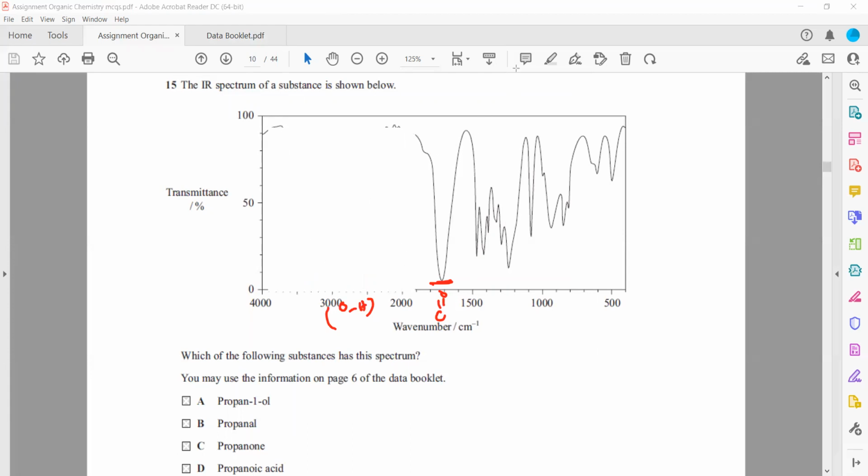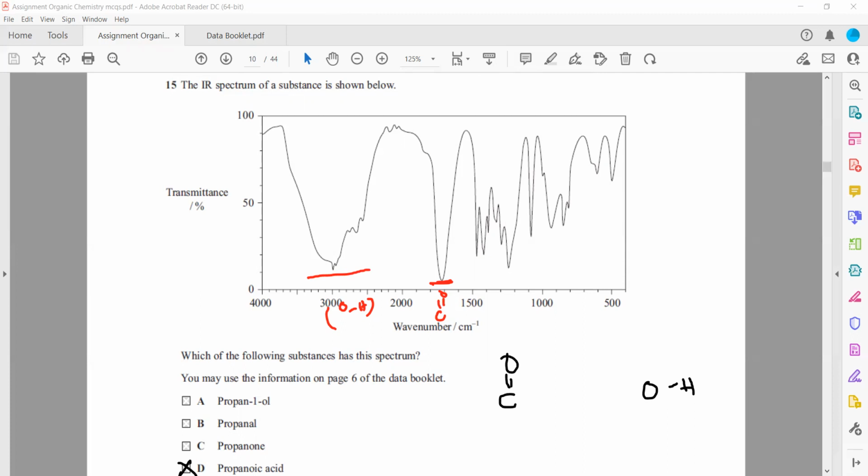But because it is a carboxylic acid, there's a peak of OH as well. So this has C double bonded with O and OH, so it is carboxylic acid, and option D is the carboxylic acid.